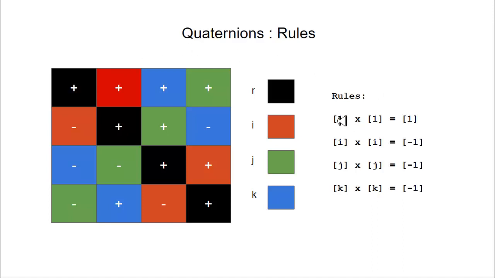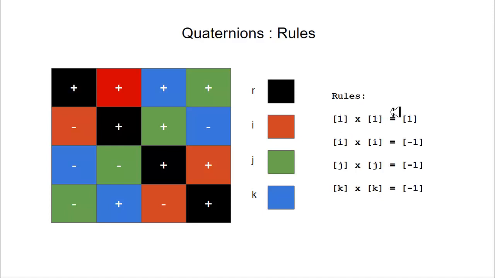So you've got 1 times 1 equals 1. Only in this case, this bracket here, which means matrix, we're now talking about a 4 by 4 matrix instead of a 2 by 2 matrix.